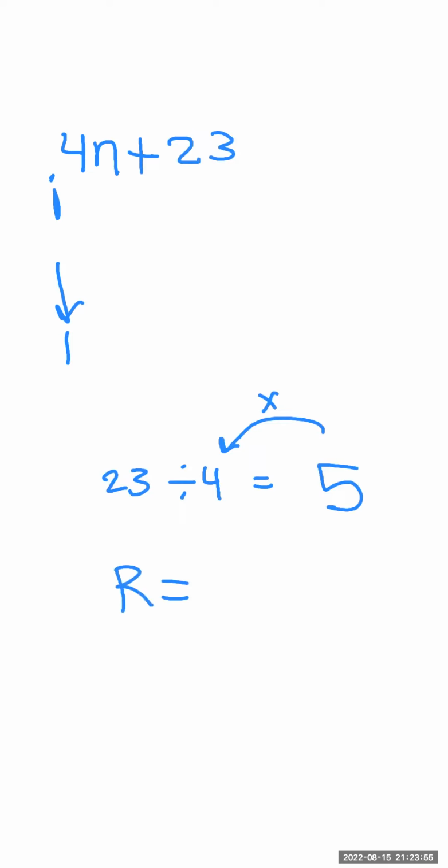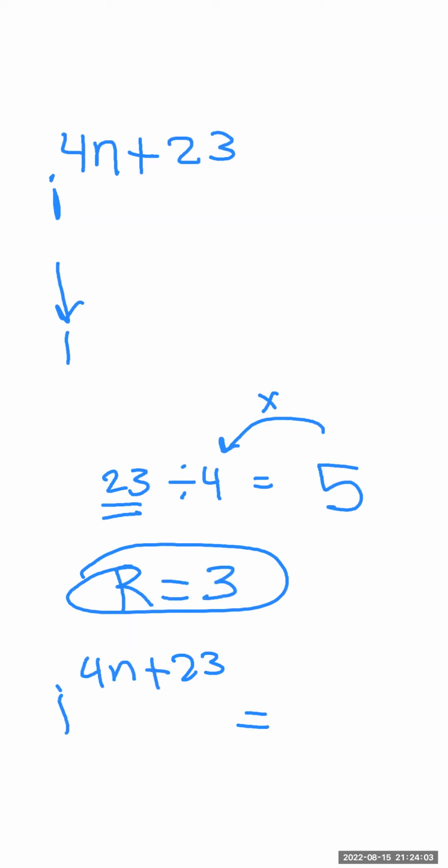Then the remainder from 23 means a 3. So i to the power 4n plus 23, the remainder is 3. So this means it will equal negative i, -i. Correct?